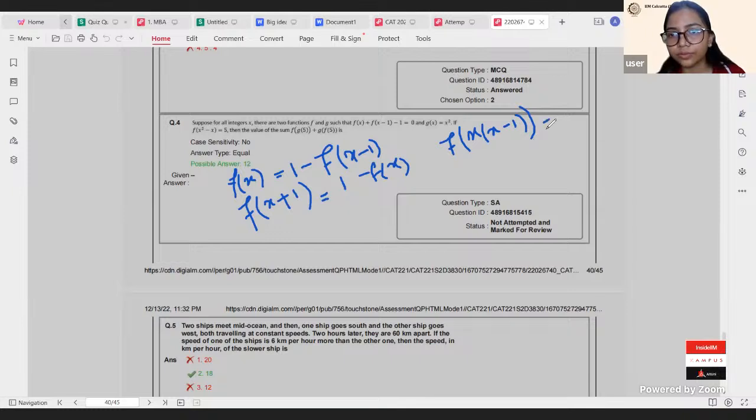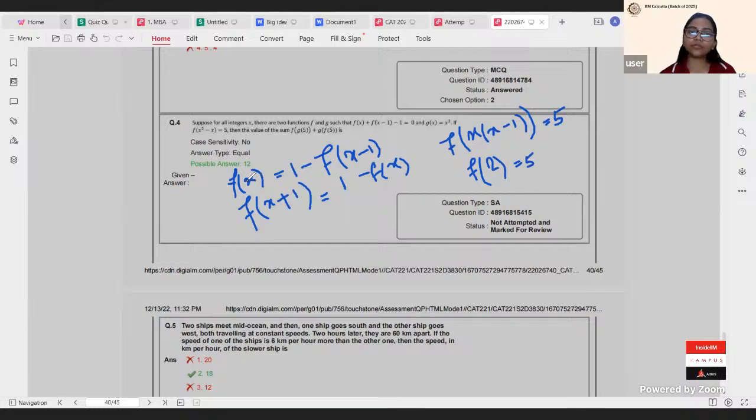This is 5. Putting x equals 2, it will come around to be f of 2 is 5, right? So f of 2 is 5.